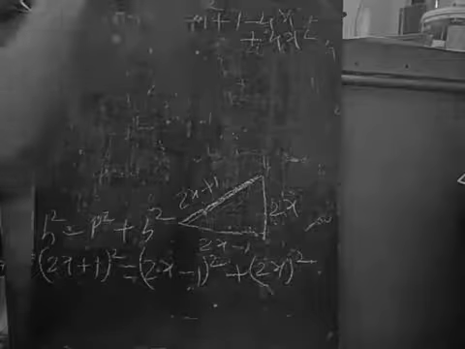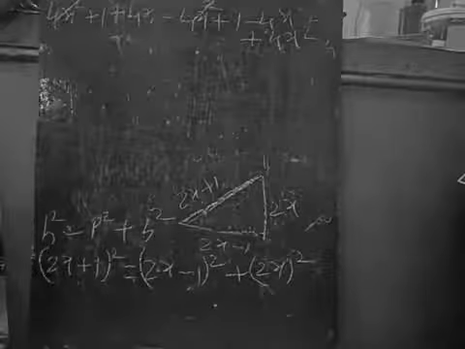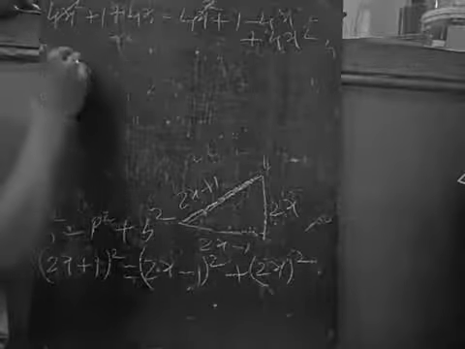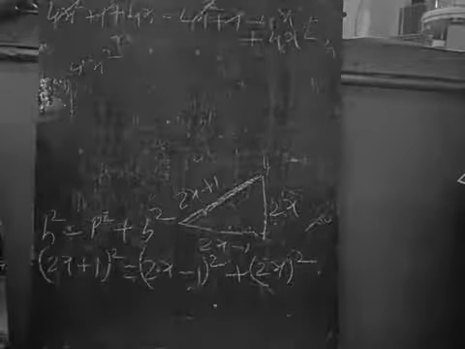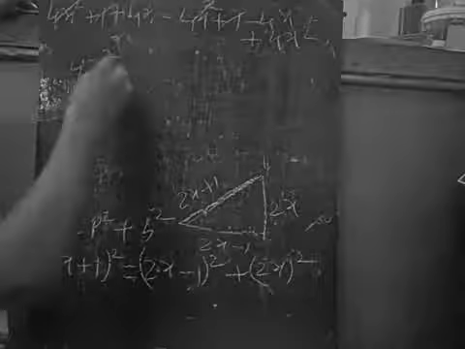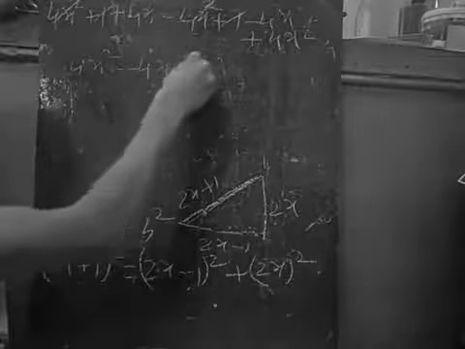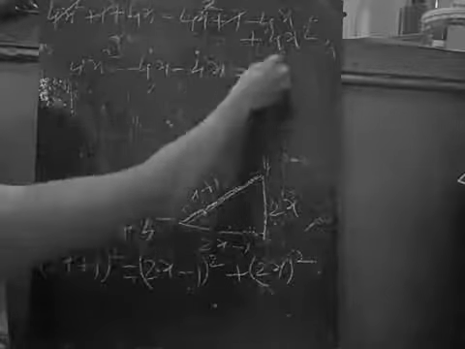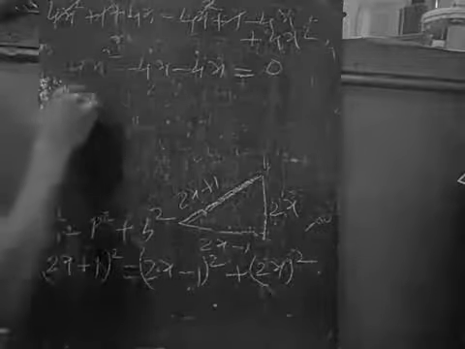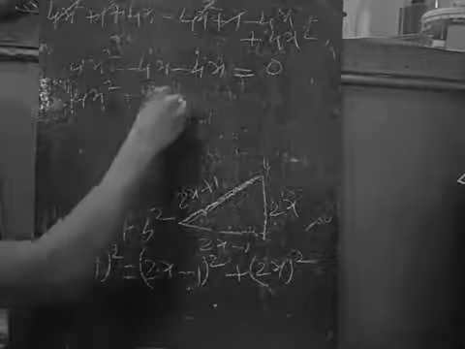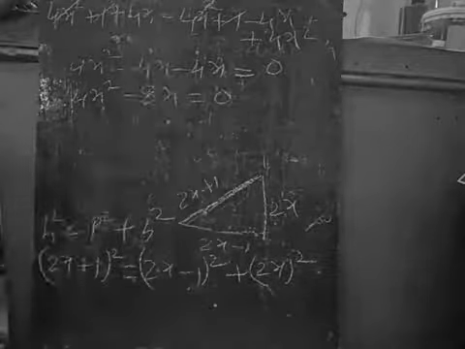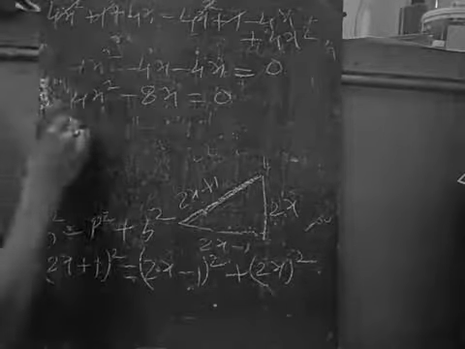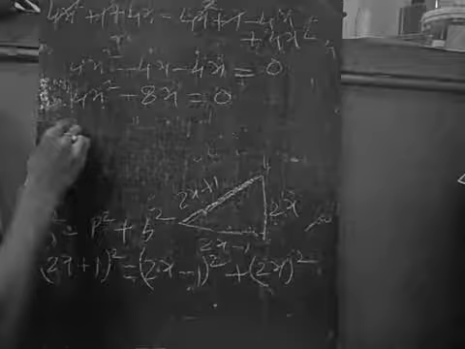Here we can see this 4x square and 4x square cancel. Then 1 and 1 also cancel. 4x square minus 4x is equal to 0. So we get 4x square minus 8x equal to 0. We have to simply factorize.